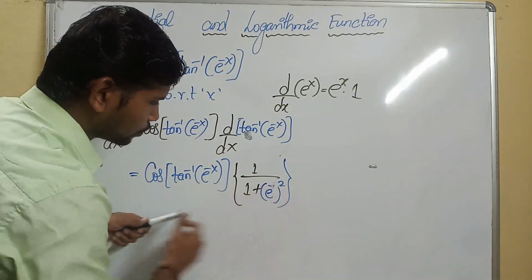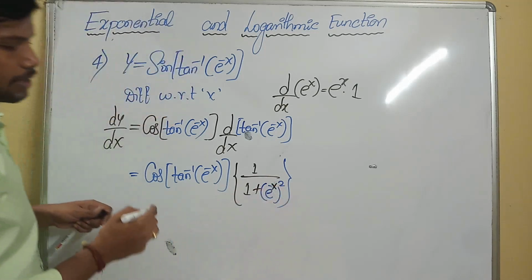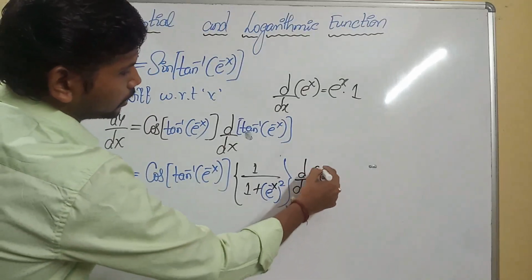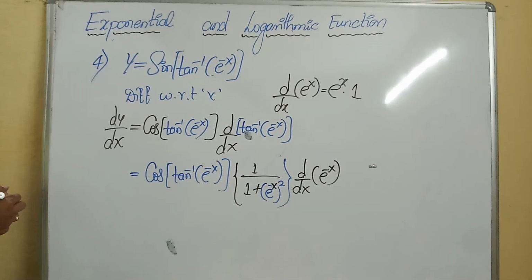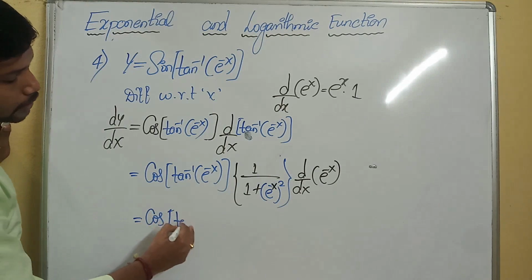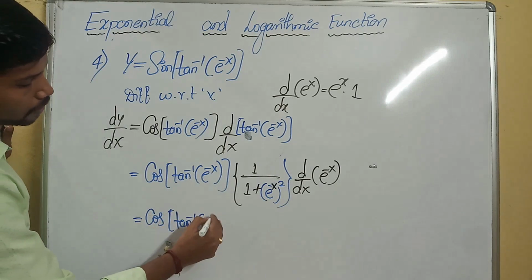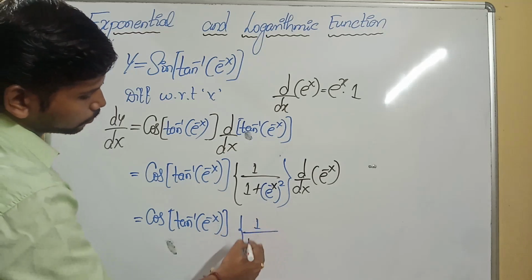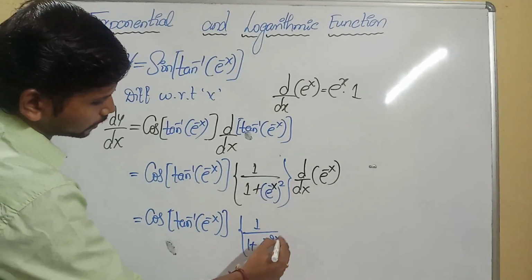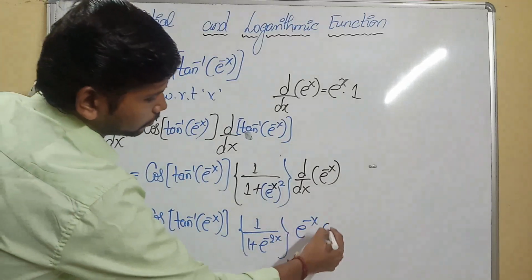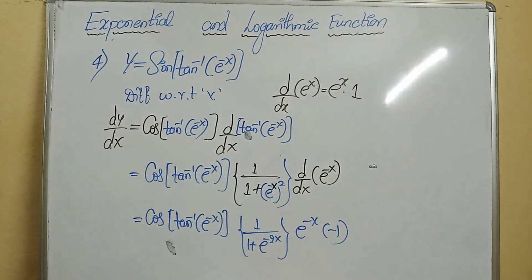This power is what? e raised to minus x. Now after this, I need to take the derivative of e raised to that particular angle, e raised to minus x. Now it will be cos of tan inverse of e raised to minus x, then 1 divided by 1 plus e raised to minus 2x. And the derivative of e raised to minus x will be e raised to minus x times minus 1.